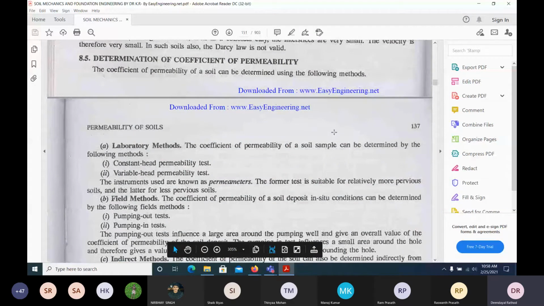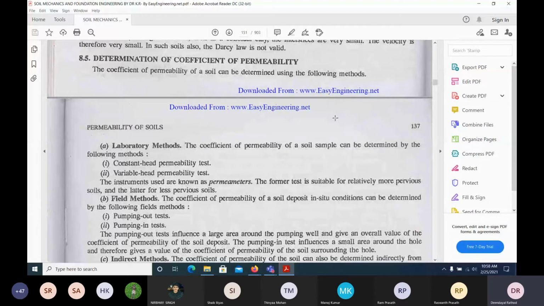Permeability can be determined in the laboratory and also in the field. In the field, we do the pumping out test and pumping in test. That means water is pumped out, we measure the discharge, and once we know the discharge and area, we can determine it.